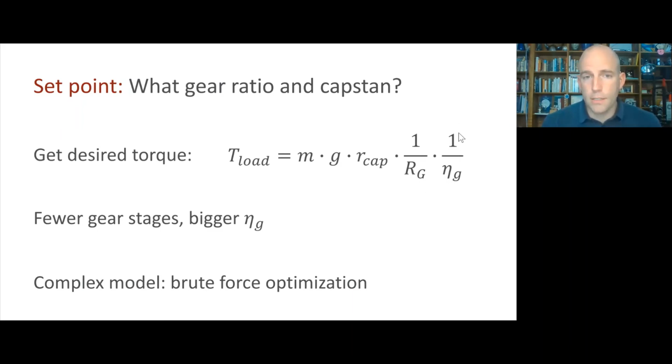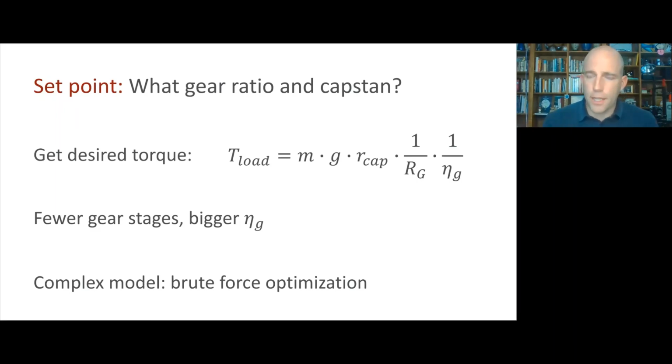I've already characterized this for a given number of stages, so we know what that's going to be. And we get to choose this, and we get to choose this. So what we really want is to pick R cap over RG such that we get the desired T load, or you could rearrange this equation and solve for R cap over RG.